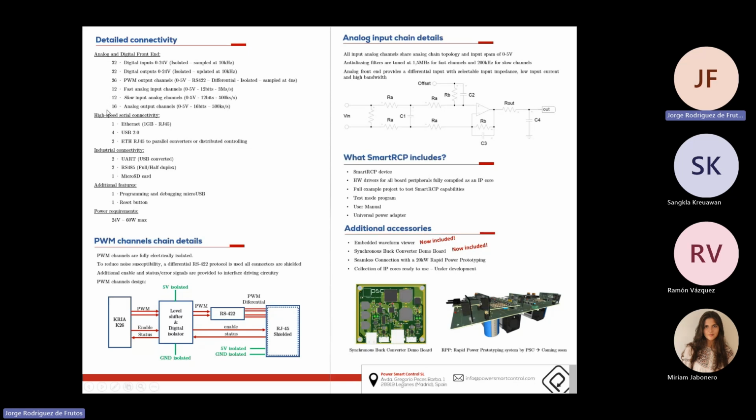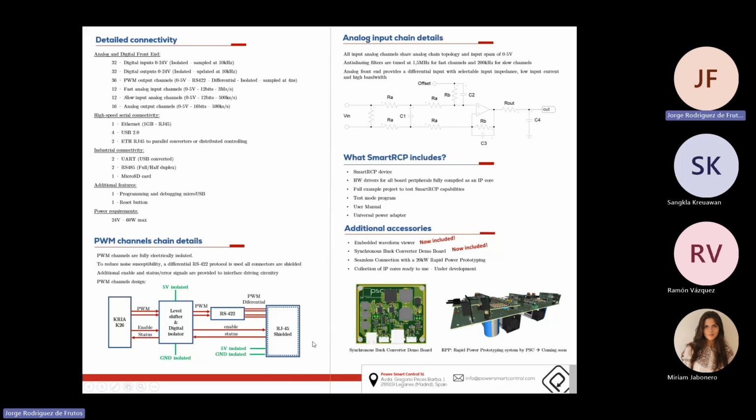We have 16 different channels with a rate of 500 kilosamples per second with 16 bits. We have all the serial and digital communication that we mentioned: Ethernet, USB, Ethernet for connecting several RCP units in parallel, UART, RS485, etc.